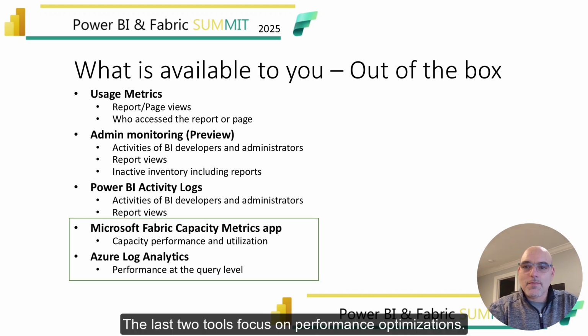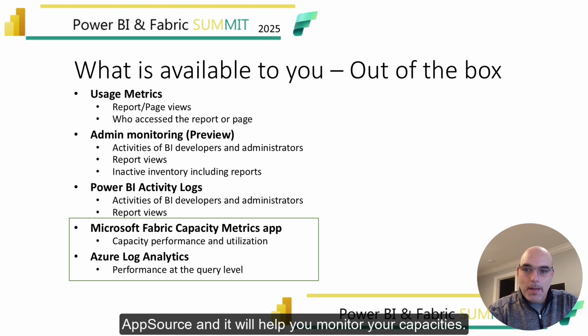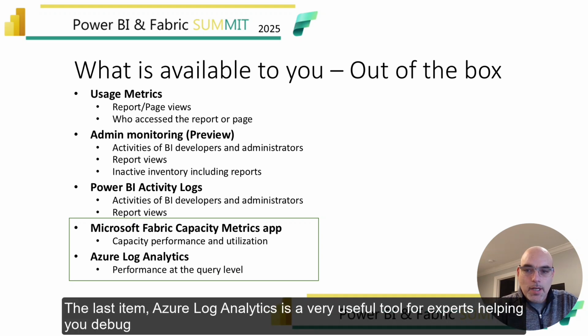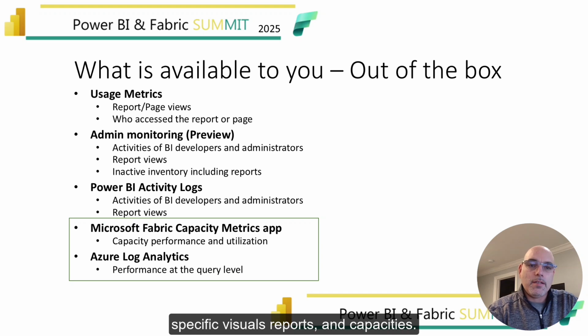The last two tools focus on performance optimizations. The Microsoft Fabric Capacity Metrics app is a Microsoft external app that you can install from AppSource, and it will help you monitor your capacities. The last item, Azure Log Analytics, is a very useful tool for experts, helping you debug performance issues, allowing you to pinpoint slow queries and associate them to specific visuals, reports, and capacities.